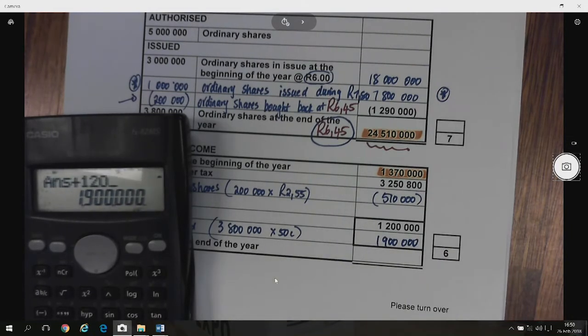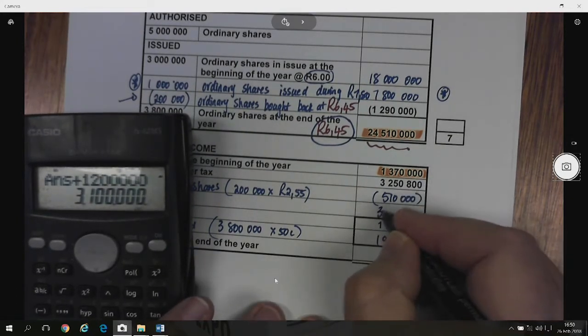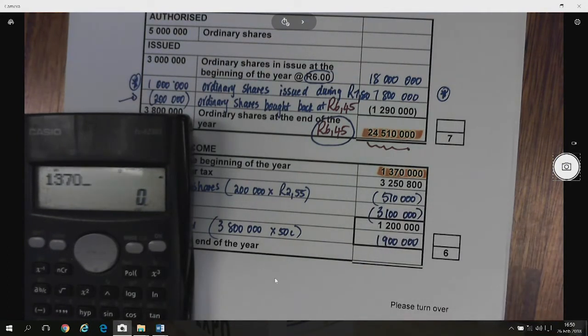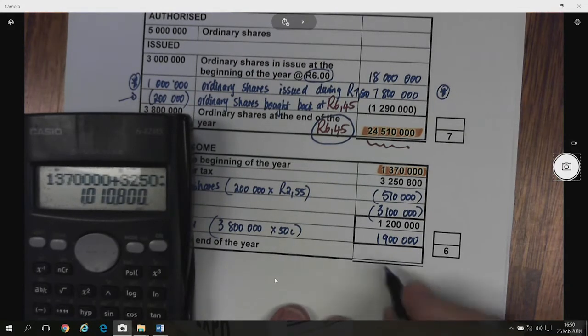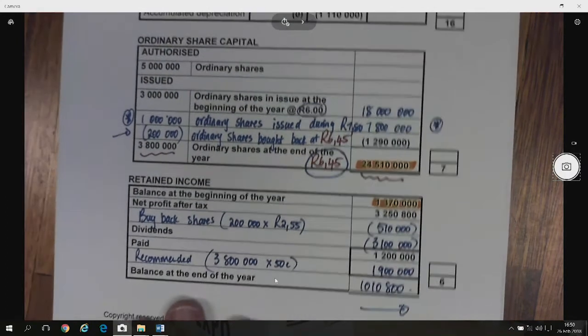Add the 1,200,000, that gives us 3,100,000 in brackets, and then you say 1,370 plus 3,250,800 minus 510,000 minus 3,100,000, and that gives us 1,010,800. Okay, that was September 2017.